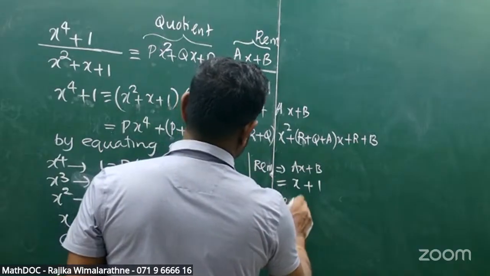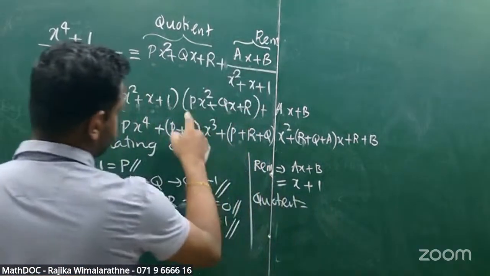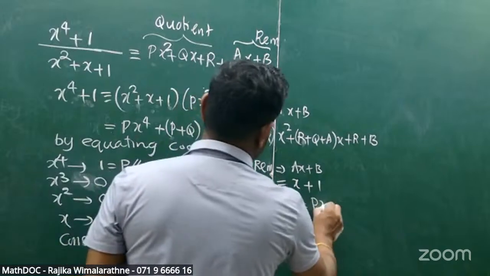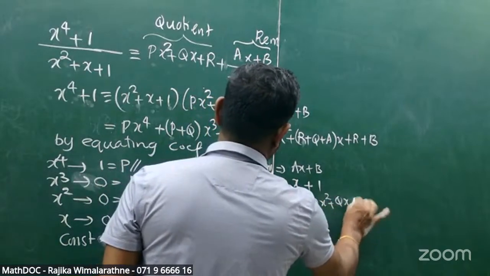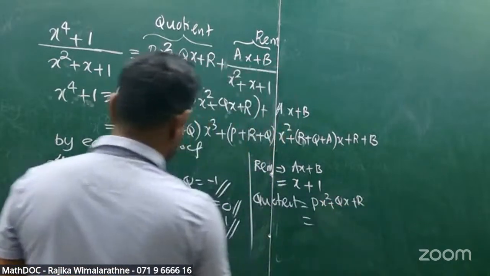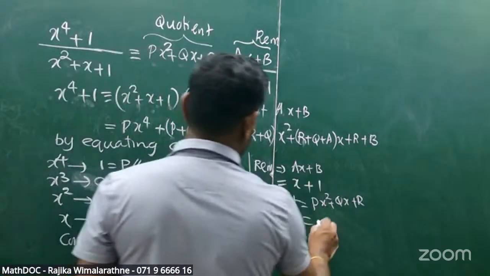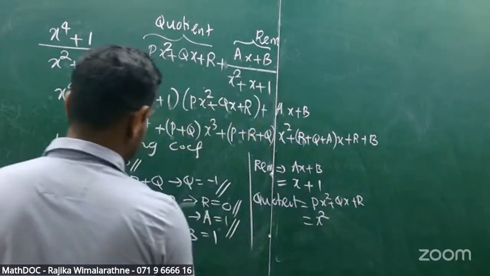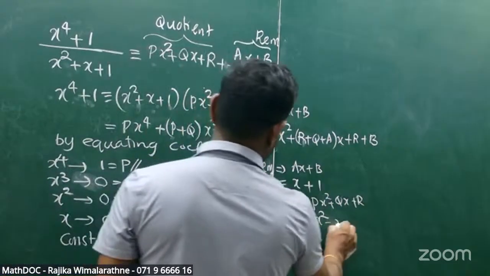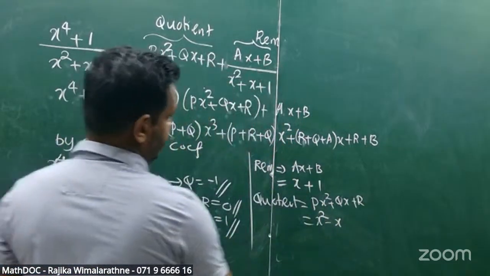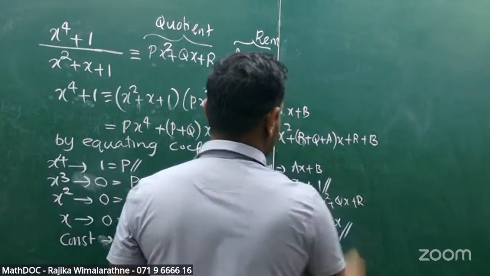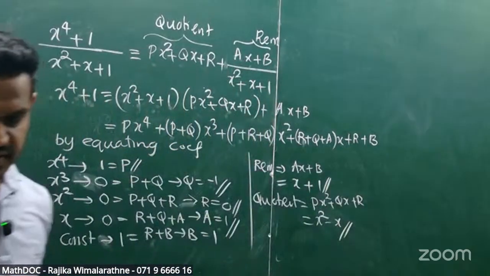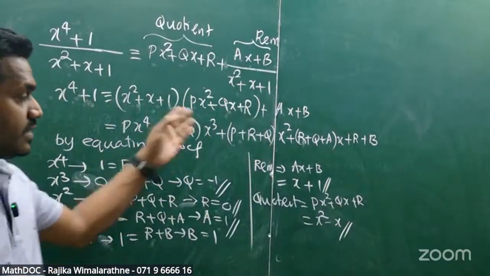Quotient px squared plus qx plus r, then p value 1, q value minus 1, r value is 0. That's it. Okay. Complete.